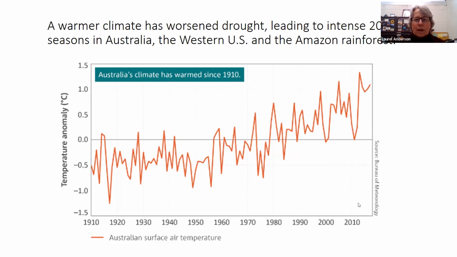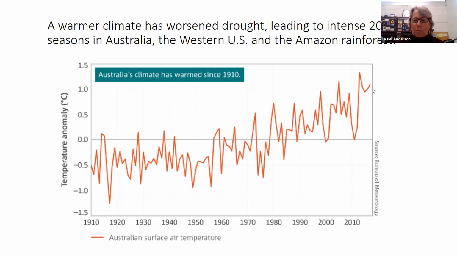This is data from Australia's climate, and you can see the long-term temperature as this 0 line in the middle. We have the surface temperature being relatively cool relative to the long-term average up until about 1980, and then it starts exceeding, and we've now gone to a much warmer climate that has led to more drought because Australia is already fairly dry.